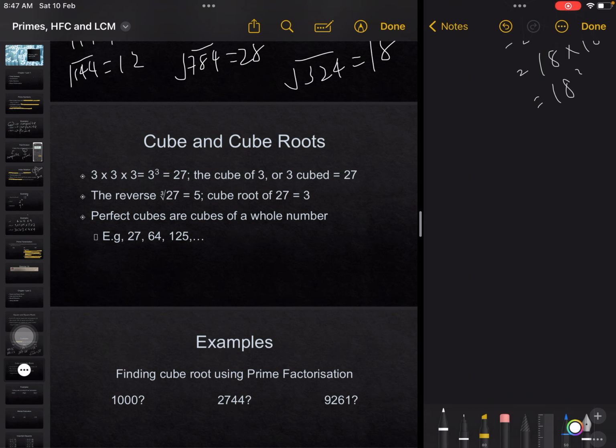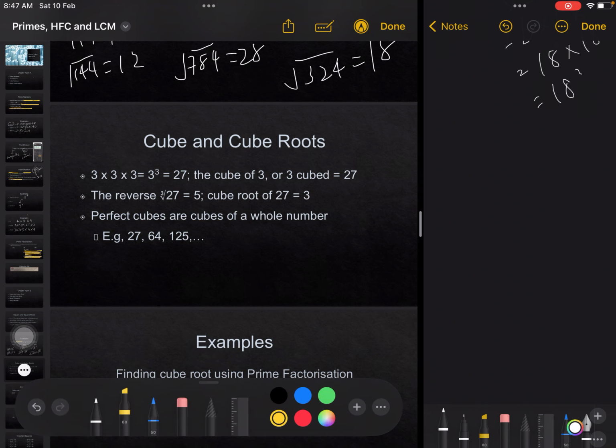So 3 cube equal to, sorry, I see a typo here. Instead of 5 here, it should be 3. So 3 to power 3 equal to 27, or we call 3 cube equal to 27. The reverse, cube root.